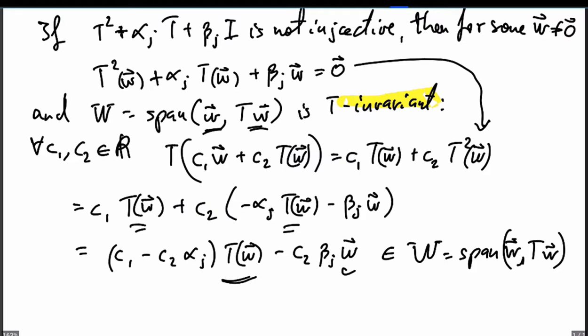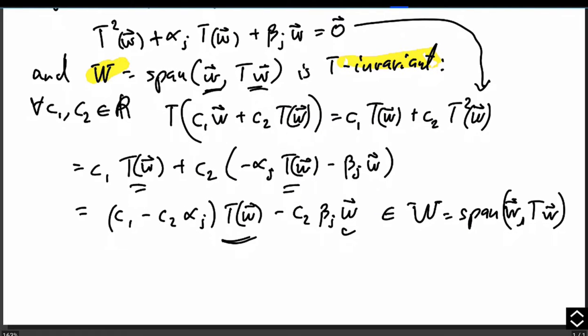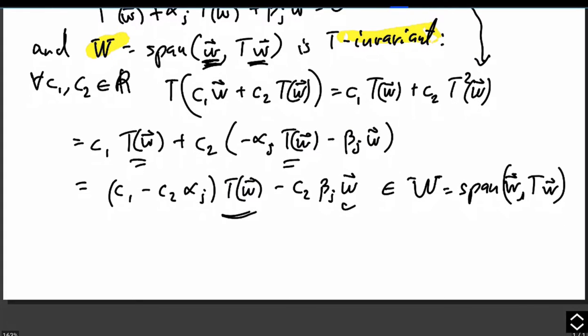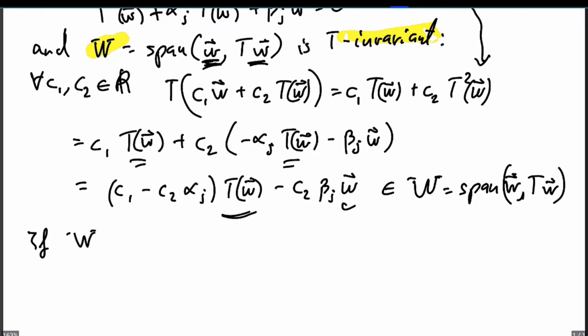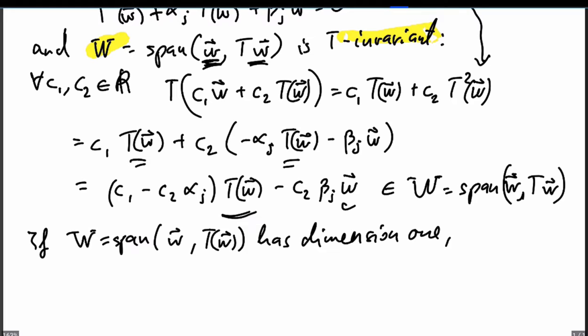So we get this t-invariant subspace W. Now the question is whether it's one-dimensional or two-dimensional. This suggests that it's two-dimensional because you have two spanning elements. So we have two cases. If this turns out to be one-dimensional, then that means that these are linearly dependent.